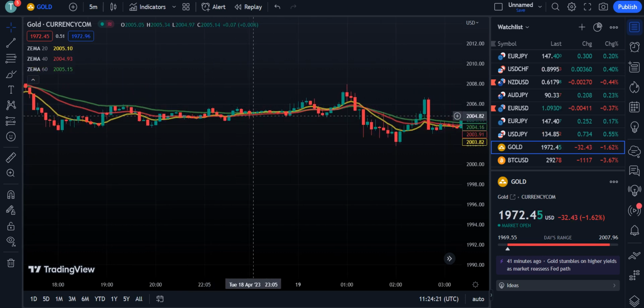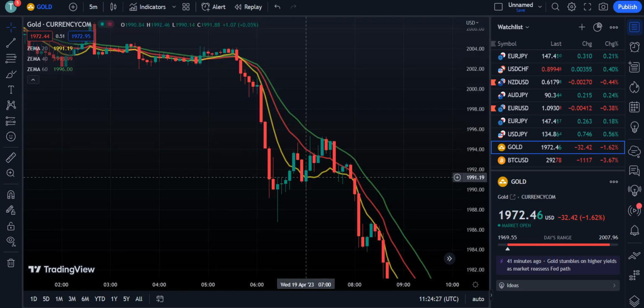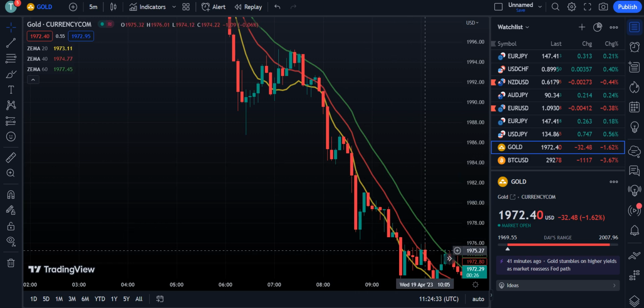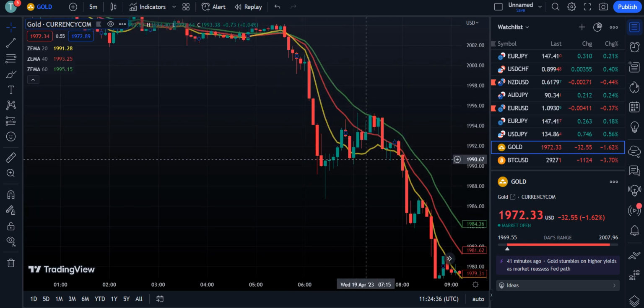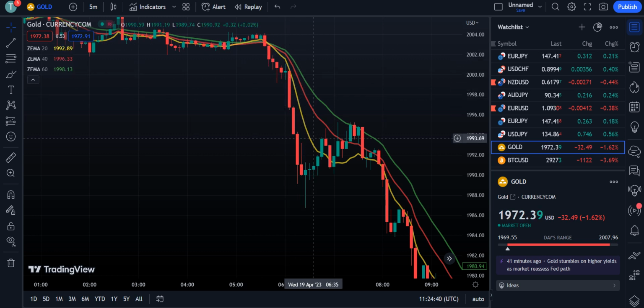You will not be able to trade in this way when the market is in the ranging level, but the favorite time to enter into the market is when all three EMAs are separated from each other, as you can see here. So when to enter into the market, from here you can see that the yellow color EMA is down, the green color one is at the top.